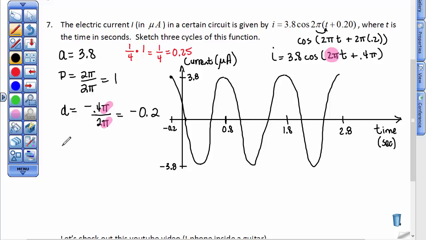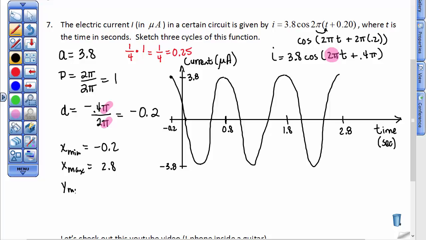I am, though, concerned that you could put this into your graphing calculator. So I hope you would now look at this curve and go, oh, look, for 3 cycles of this curve, my minimum x value is a negative 0.2. I might go ahead and just put that in. And my maximum value for x, I might just go ahead and put in 2.8 to see if I did this properly, to see if I really get 3 cycles. I'm not going to worry about the scale.